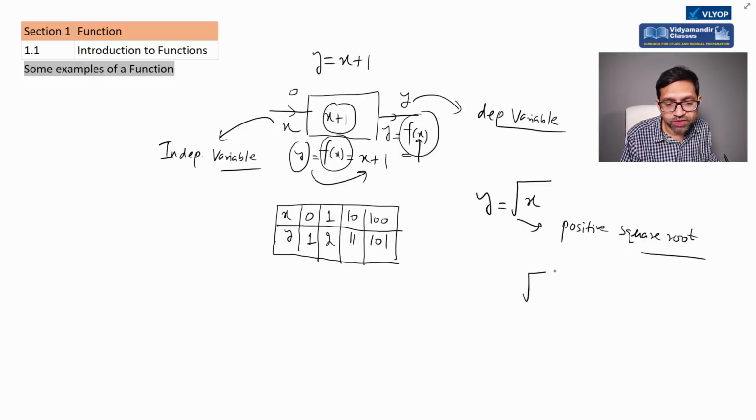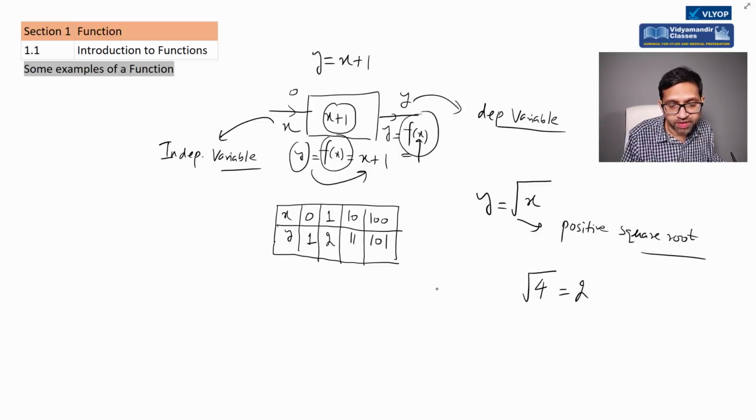What I mean is, if I say root of 4, it is not plus minus 2. Generally the square roots of 4 mean those numbers whose square is 4, so it is 2 and minus 2. But in this case this is the positive square root, so it is only 2.